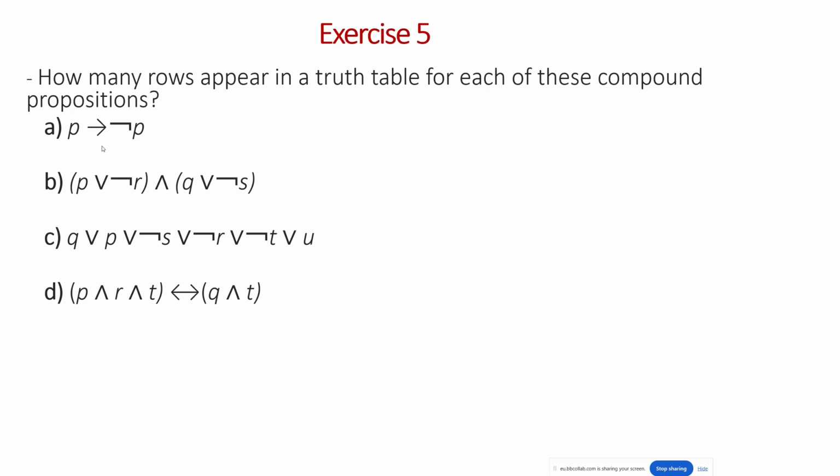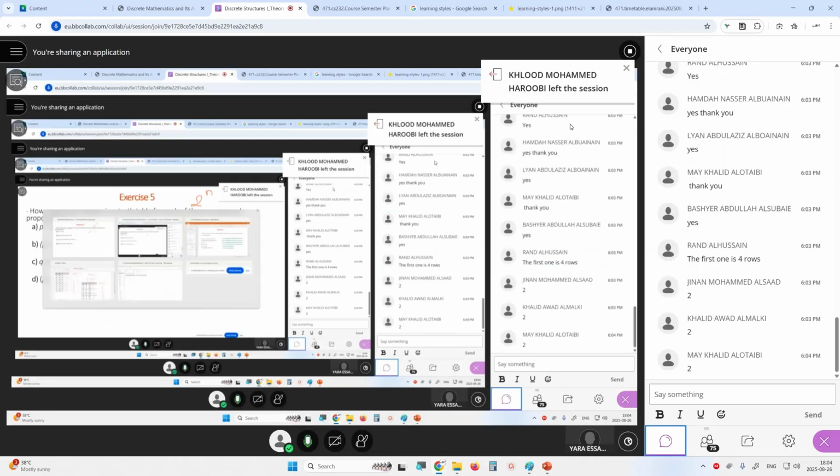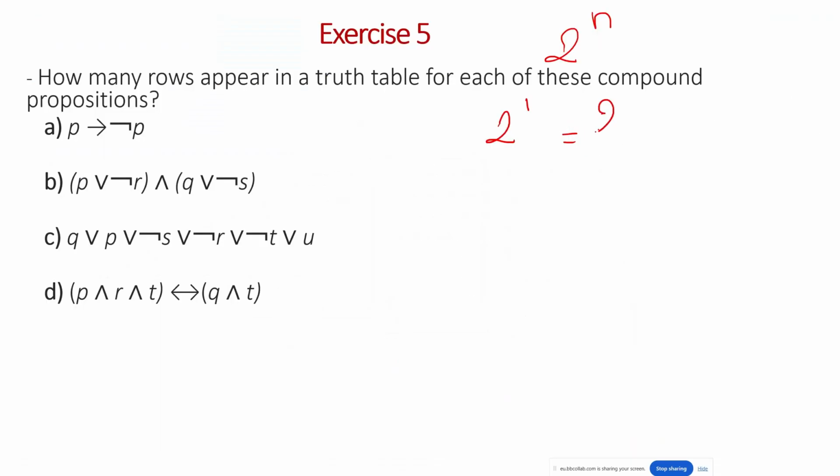Now, let me remind you of how to calculate that. I just see how many variables, how many propositions I have, and I put 2 to the power of that number of propositions. So how many propositions do I have there? I have 1, right? So 2 to the power 1 equals 2.